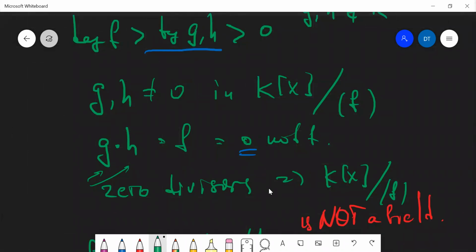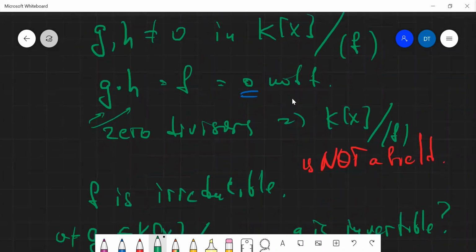Well, if we assume that K[x] modulo f is a field, it leads to a contradiction. So it cannot be a field. If we assume that it's a field, it will lead to a contradiction. So I see. It must be something other than a field.